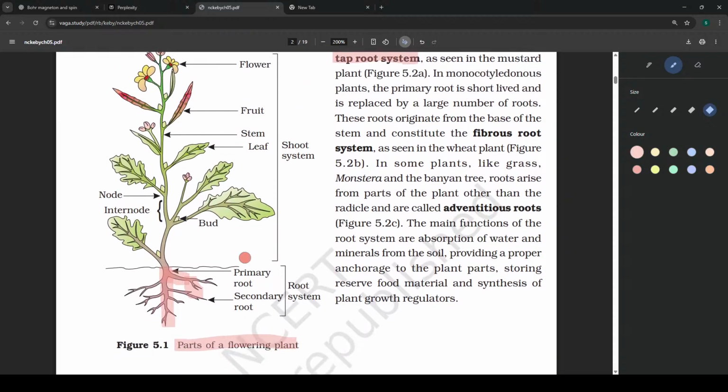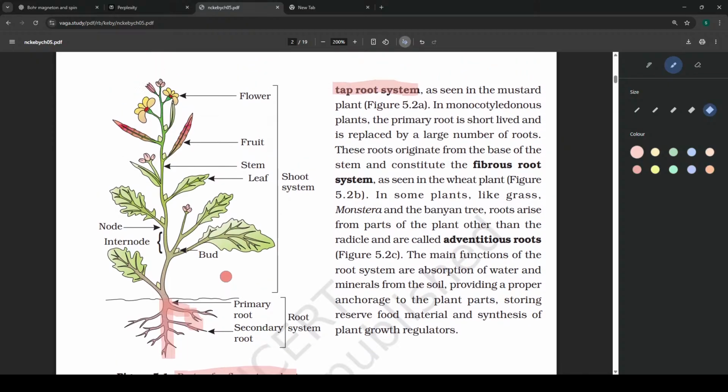In the shoot system, there is some pre-information I'm giving right now. In the shoot system, in the stem we see two regions, nodes and internodes. Nodes bear branches, leaves, and buds, whereas internodes are empty regions, the spaces between the nodes.